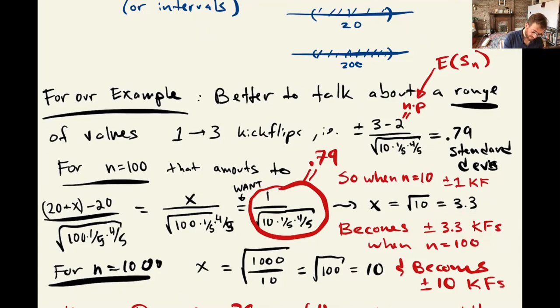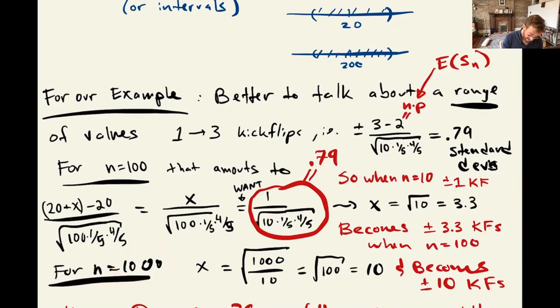Correspondingly, if I'm making a single kickflip my unit of measurement, which comes out of trying it 10 times, when I consider 1,000 attempts, now the proper question, instead of asking what's the probability of, say, 200 kickflips, which is 20% of 1,000, plus or minus 1, is instead plus or minus 1 standard deviation.